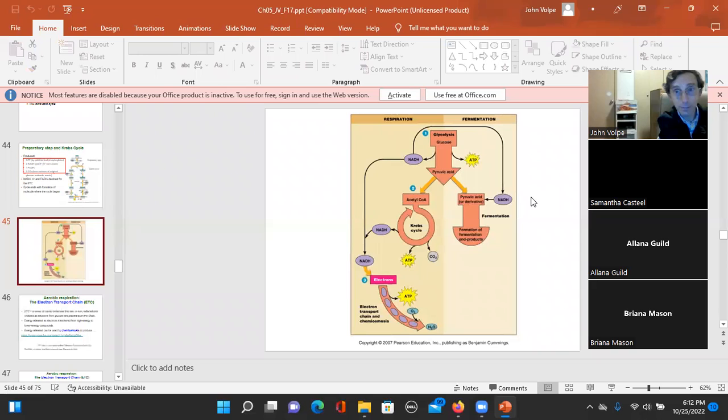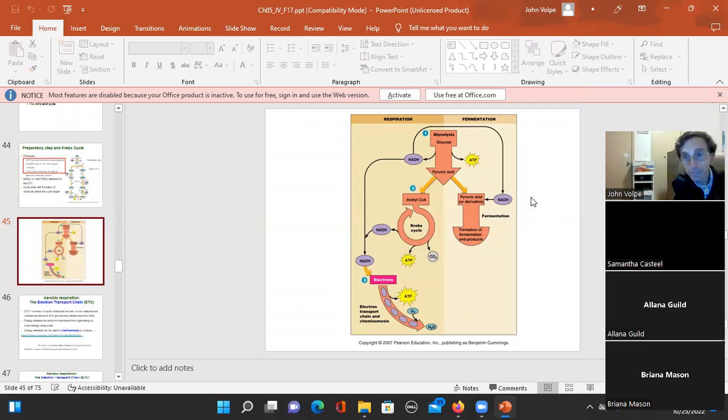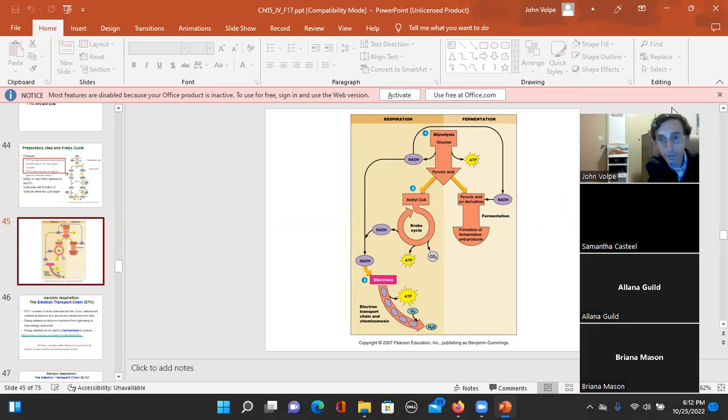Can you guys see my screen? This is unusual. I don't usually have the picture of you guys. Yes. All right, great. I don't know why I've got this. Normally that's up there. Let me see if I can simplify this.